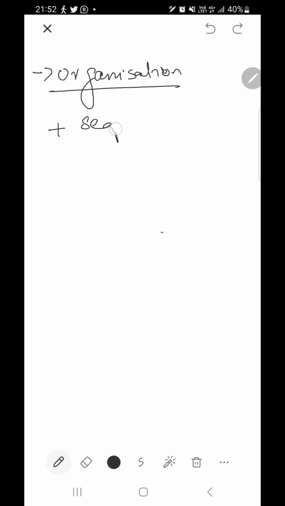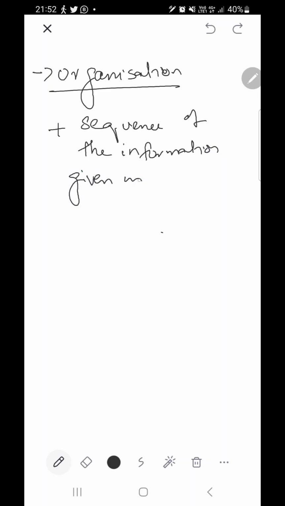The third point is the organization of the notes and layout. Remember that the sequence of the information given in the case notes should not always be the right sequence.